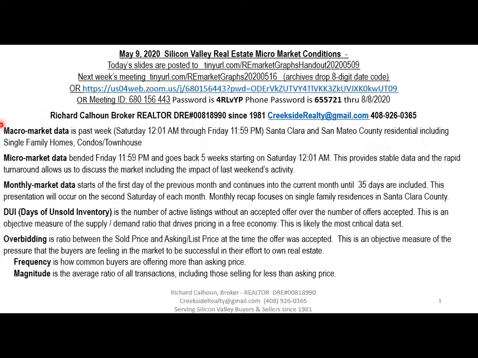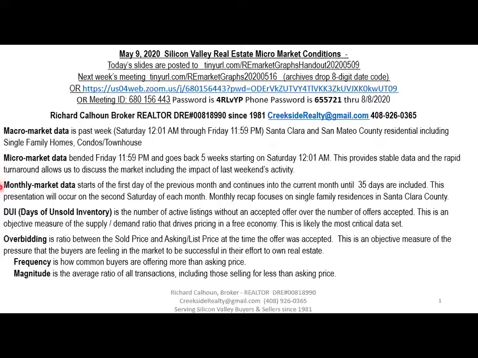There's basically three types of data. One is macro data, which is where I'm looking at condos, townhouses, Santa Clara County and San Mateo County all lumped together. I'm just trying to figure out what the real estate market globally is doing. Is it improving? Is it getting worse? Versus the degree of which it's doing that. Then we have the micro market, which is where you're interested in a particular area and you want to know specifically how that area is performing.